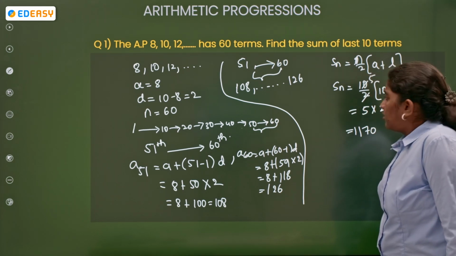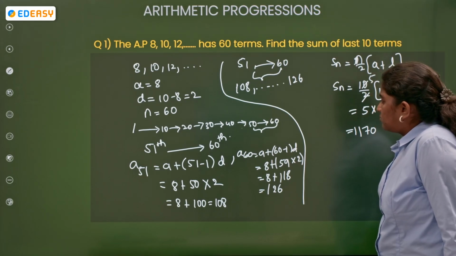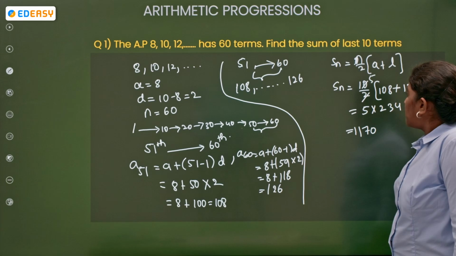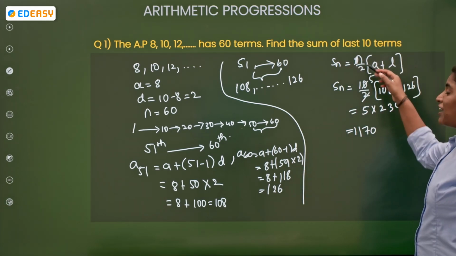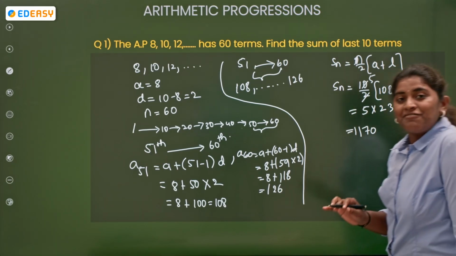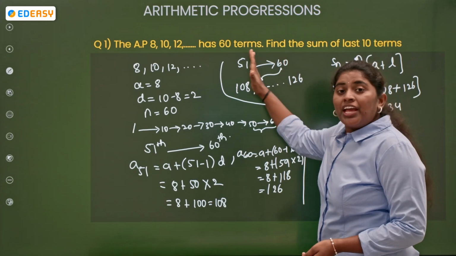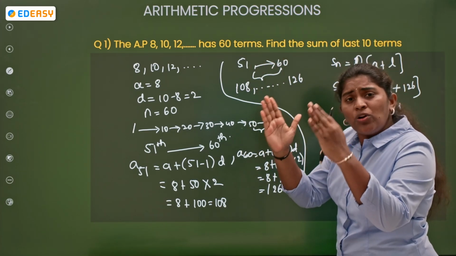Okay, I understood. You are asking why we are taking the n value as 10. Because I am finding the sum of 51 to 60. 51 to 60 means how many terms is it having?